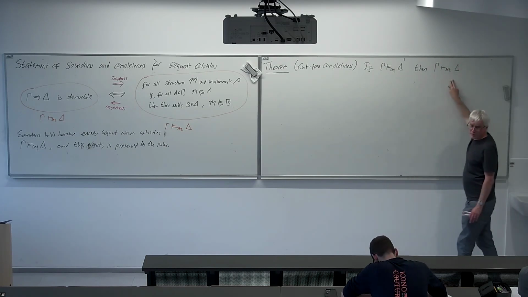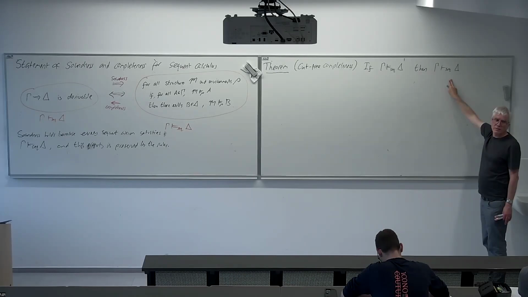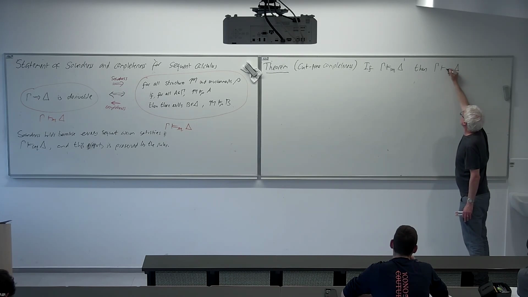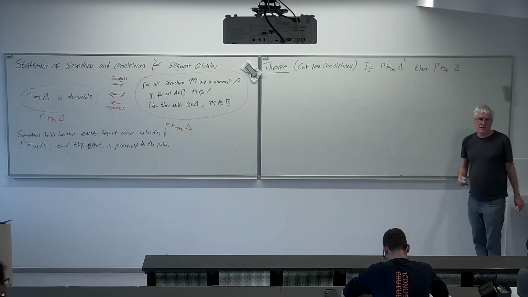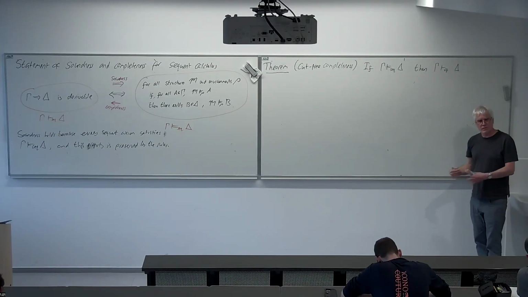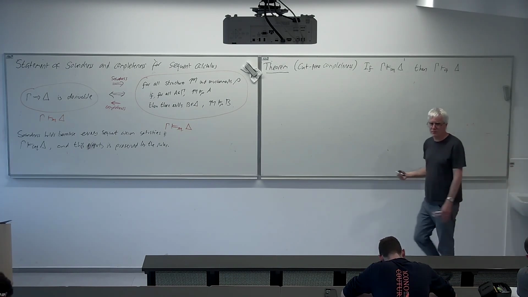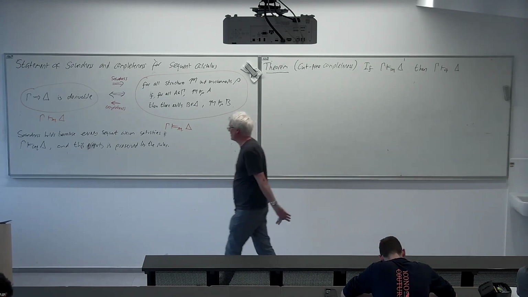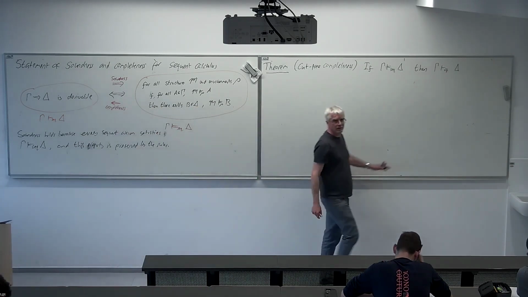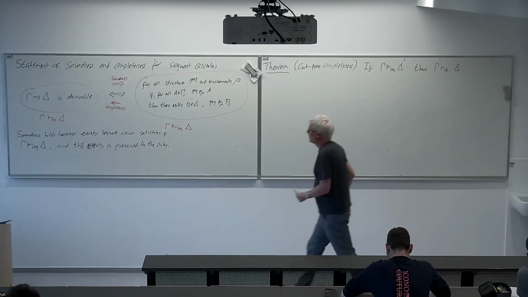But not just provable, it's provable without using the cut rule and without using the weakening rule. I'm going to write CF here, and I'm going to call this cut-free provability. So it's slightly stronger than just provable without cut. It's also provable without weakening, but the fact that you can prove things without weakening, as we've already discussed, is rather straightforward. So I want to emphasize the cut-free point here.